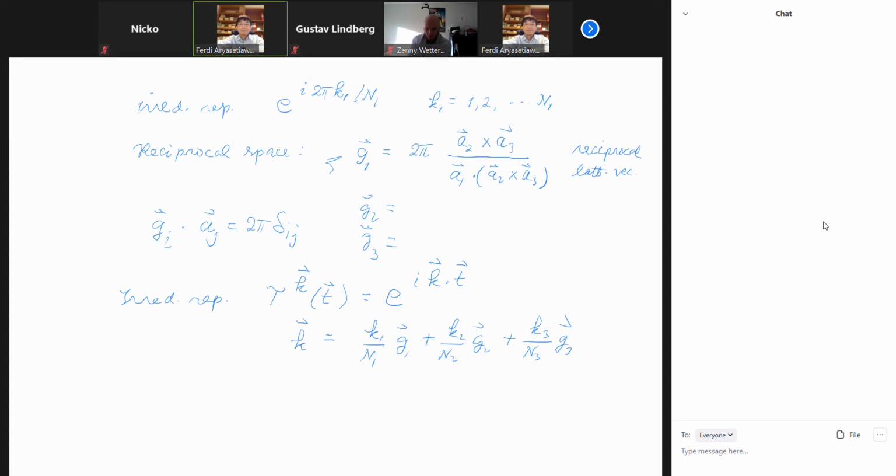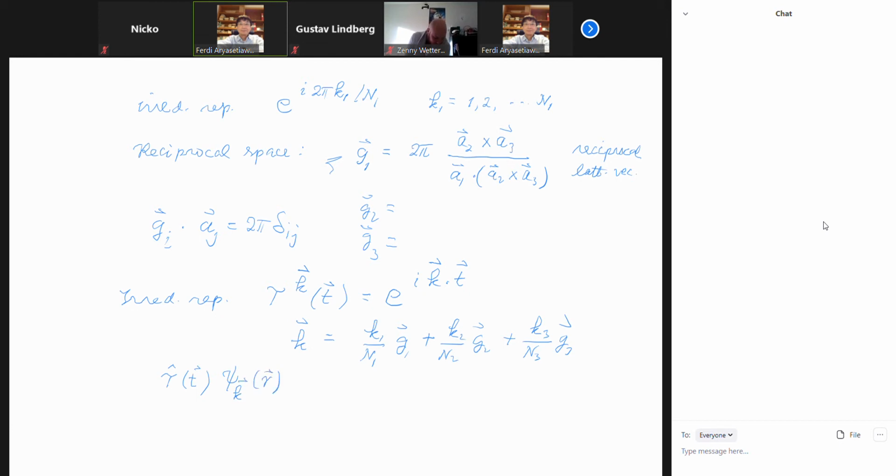So now we get the Bloch theorem because we have one-dimensional irreducible representations. So it follows immediately that we apply translation as an operator on the eigenstates of the Hamiltonian.